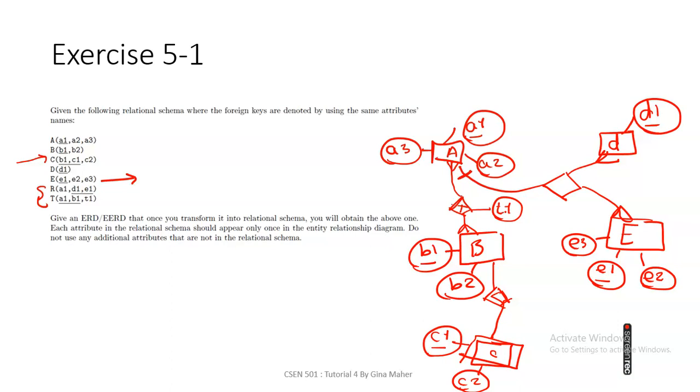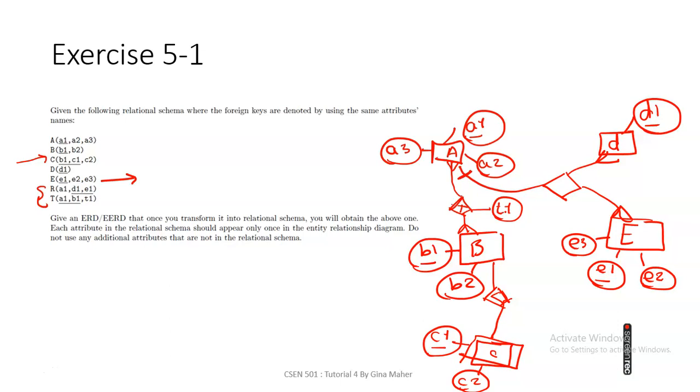We have mentioned before that there are many ways to map the relationships between the entities. If it is a one-to-one relationship, we could either include the primary key of one of the entities as a foreign key in the other, or merge the two entities together, or make a new relation.